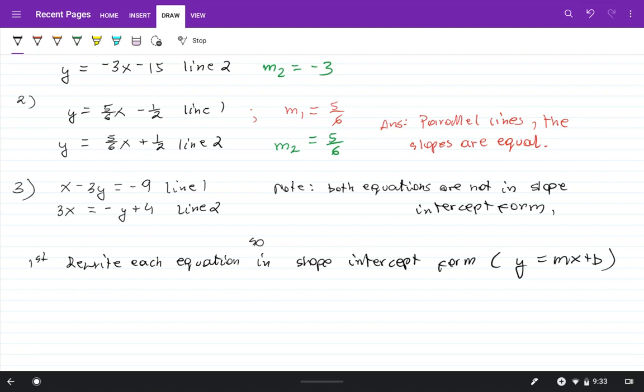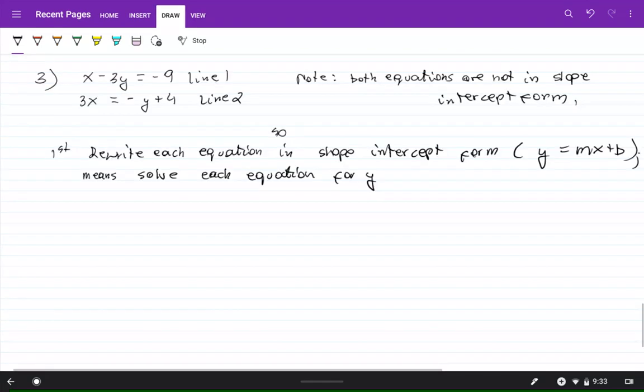Rewriting each equation in slope-intercept form means solve each equation for y. Okay, work with line 1 first.